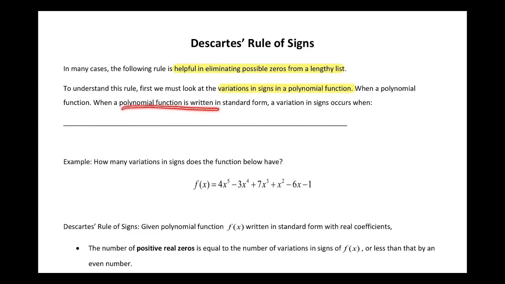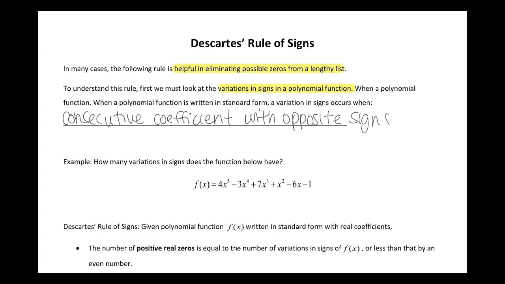When a polynomial function is written in standard form, a variation in sign occurs when consecutive coefficients have opposite signs.